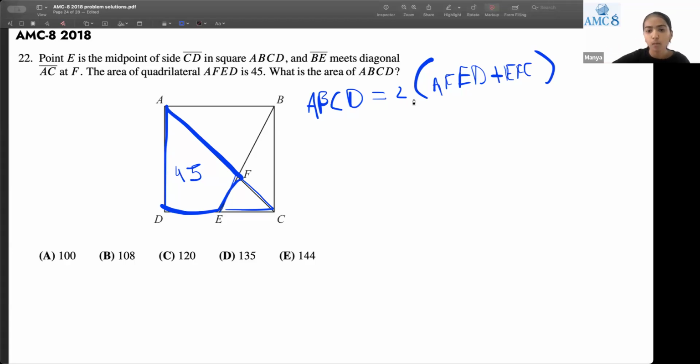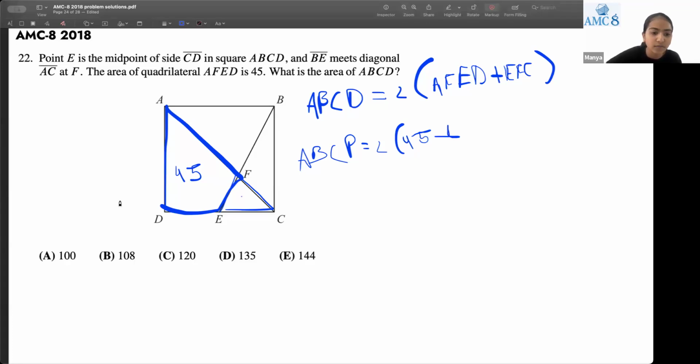So we know that the area of ABCD is equal to 2 times 45, since they already told us the area of AFED is equal to 45. And now we need to find the area of EFC.